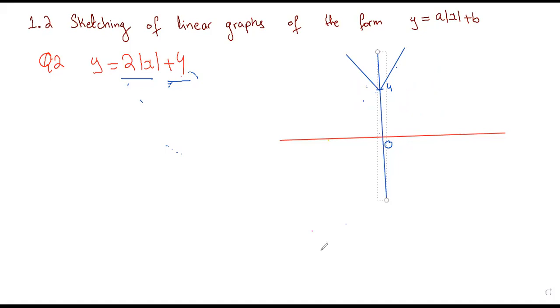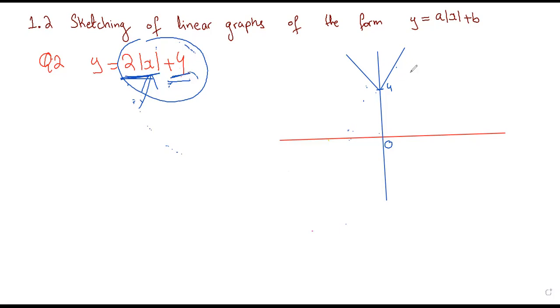All right. So for this type of question, the examiner would give you 2x mod plus 4. You know how to make the graph of x mod, and the graph of 2x mod would be something of that type, but the lines would be comparatively closer. And when we do plus 4, you need to shift the graph 4 units above.